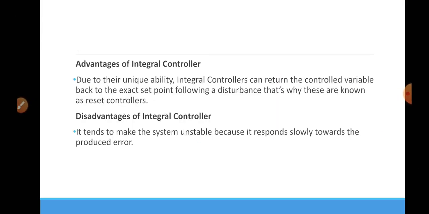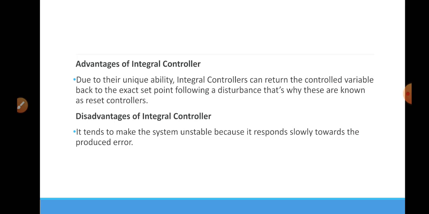Now what are the advantages of this integral controller? First advantage is, due to their unique ability, integral controllers can return the controlled variable back to the exact set point. In our proportional controller, the error signal is amplified, hence its value changes at the output.